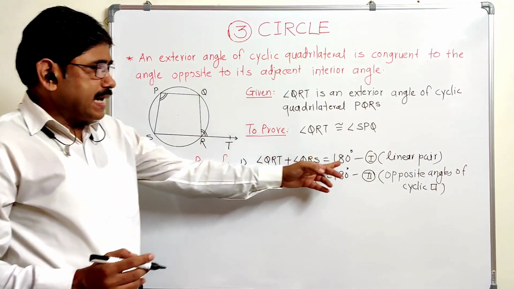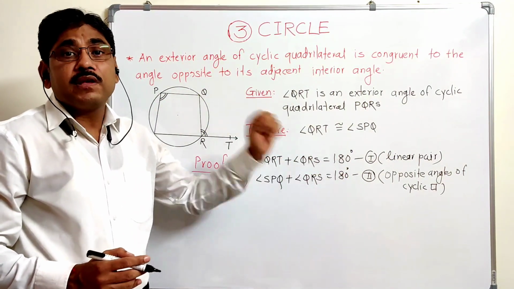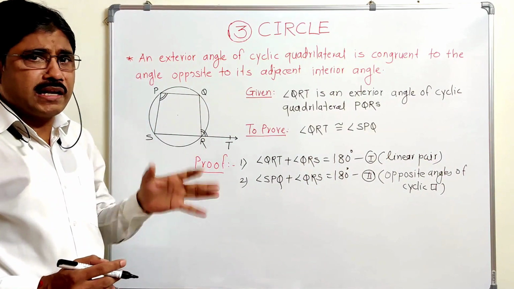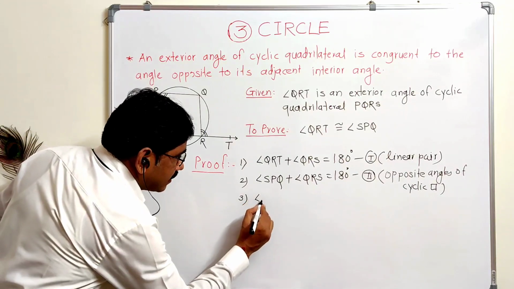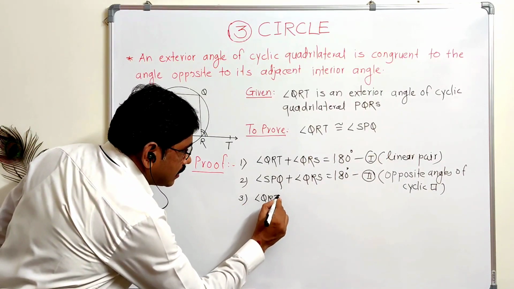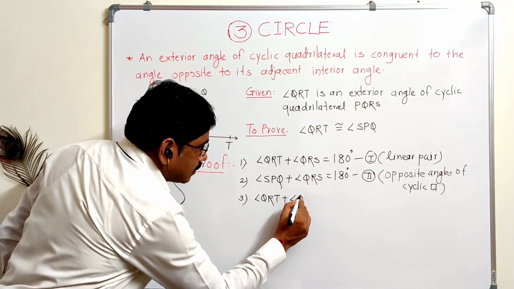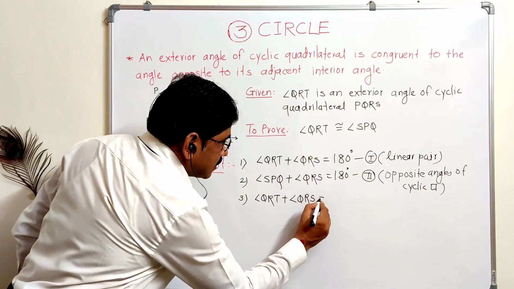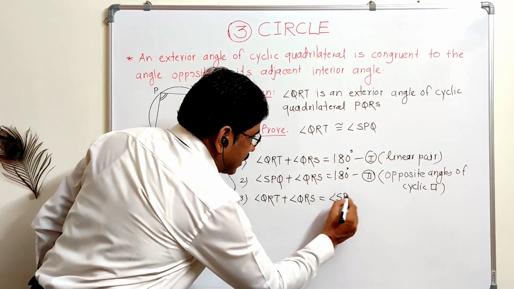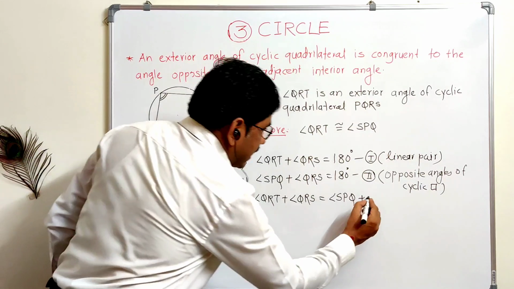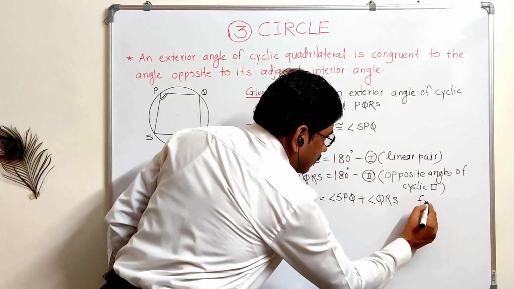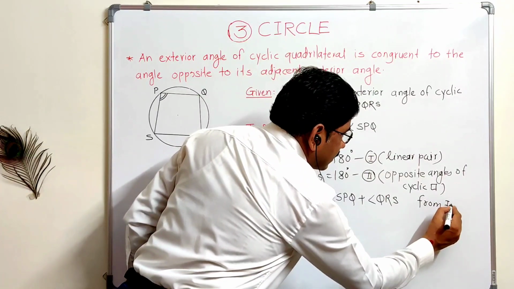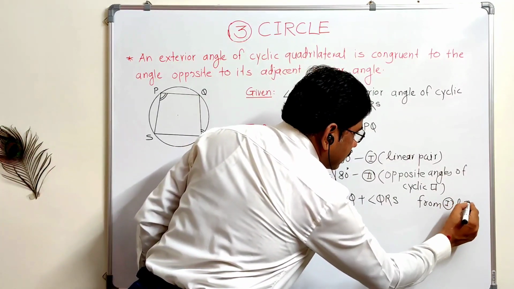If you observe 1 and 2, their right hand sides are equal. Both the sums are 180 degrees, that means both the sums are equal. Therefore, angle QRT plus angle QRS is equal to angle SPQ plus angle QRS, reason from 1 and 2.